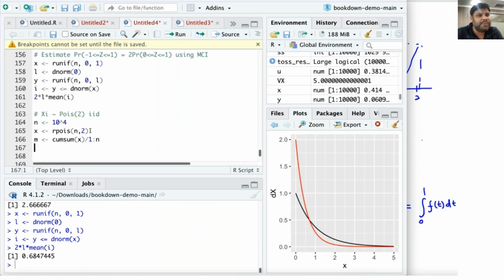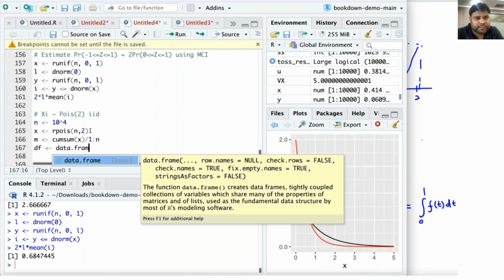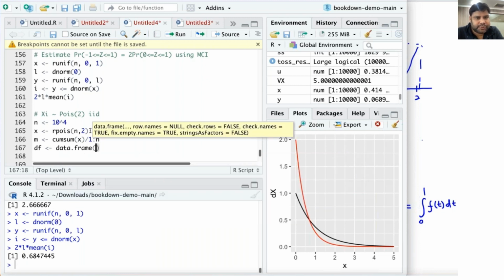We can use ggplot. First, let's create a data frame. Data dot frame: size, the sample size on the horizontal axis, which is 1 to n, and means, the sample means on the vertical axis, which is given by m.